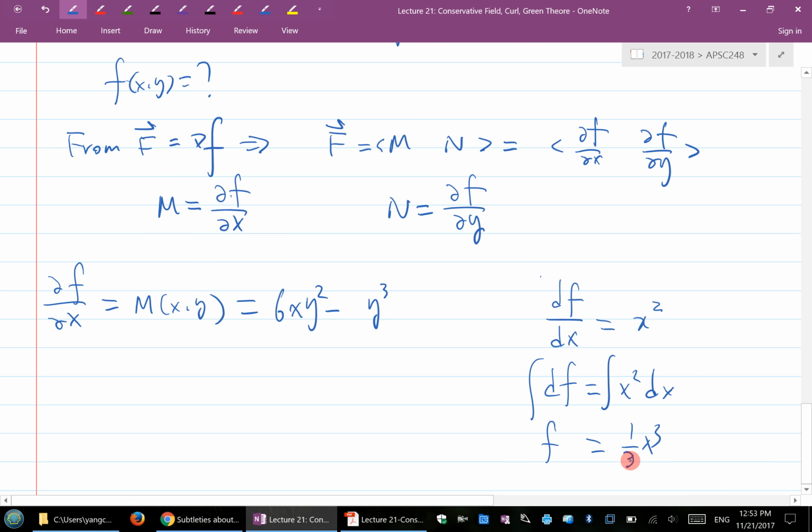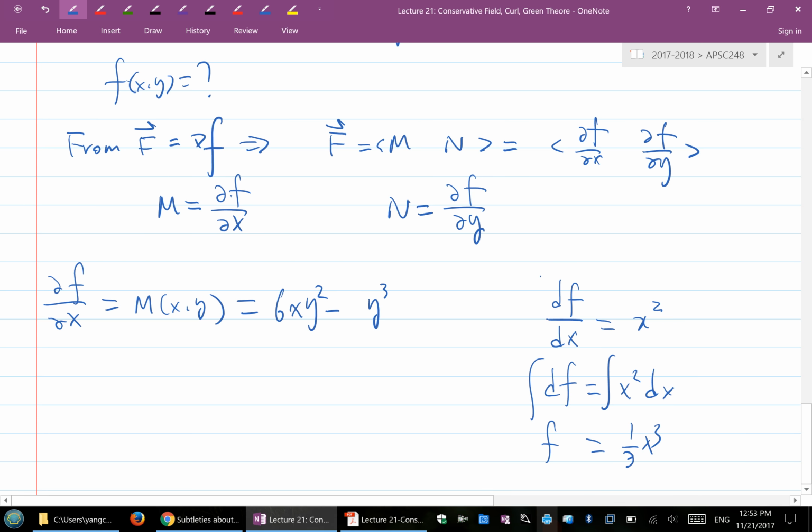Now, this is actually no different from that simple question. So what we have here is partial f over partial x equal to this whole chunk here, right?